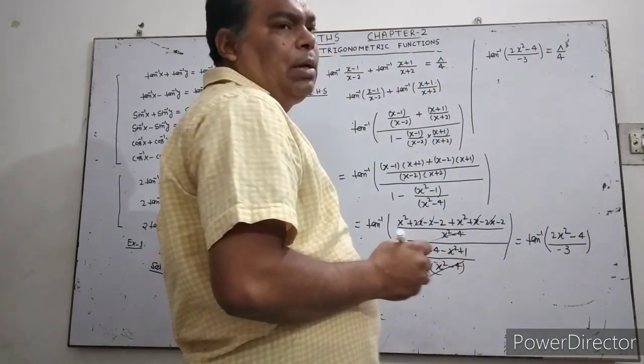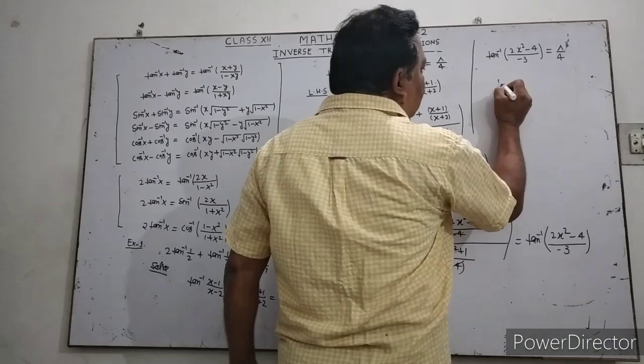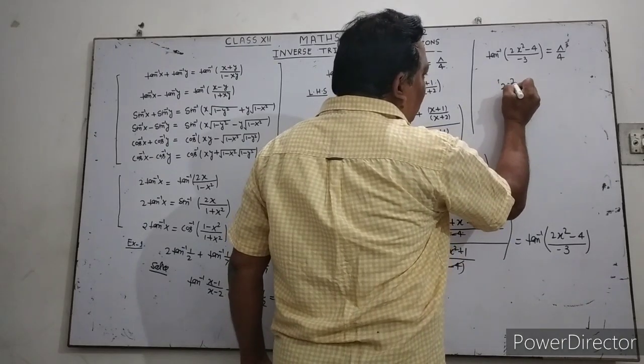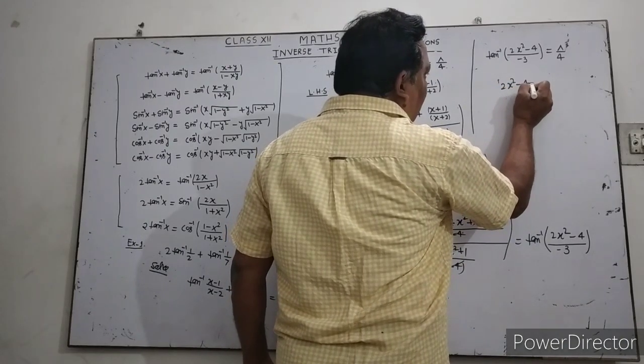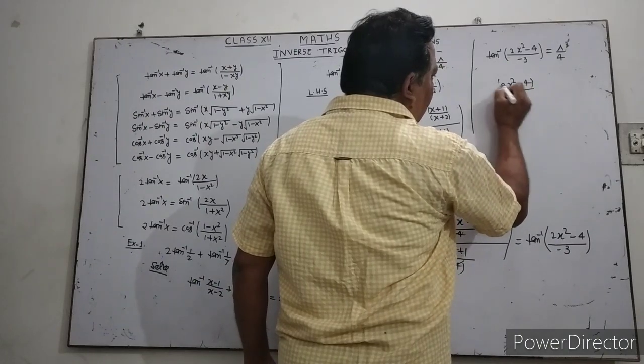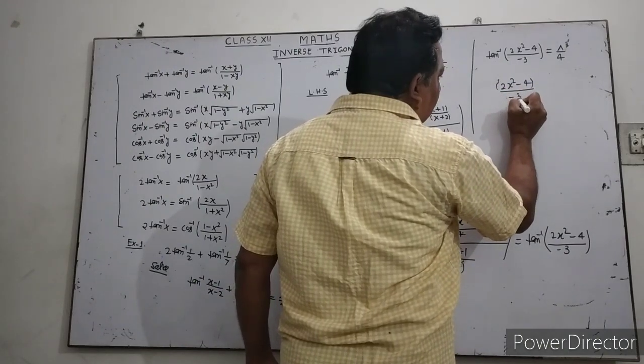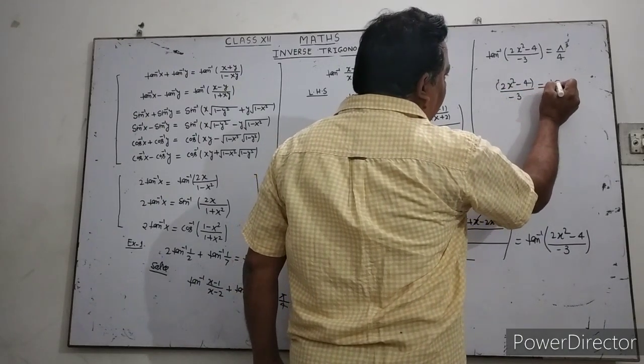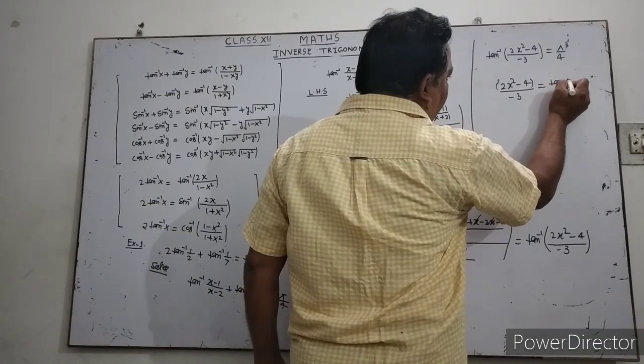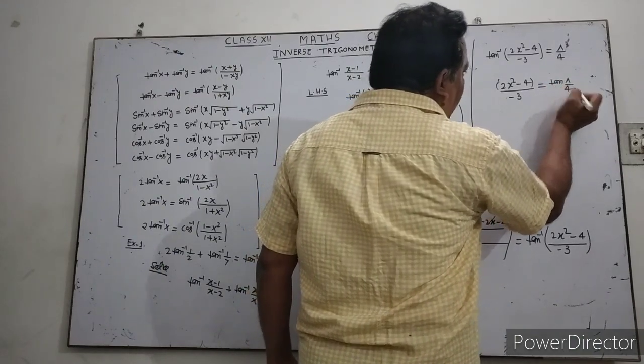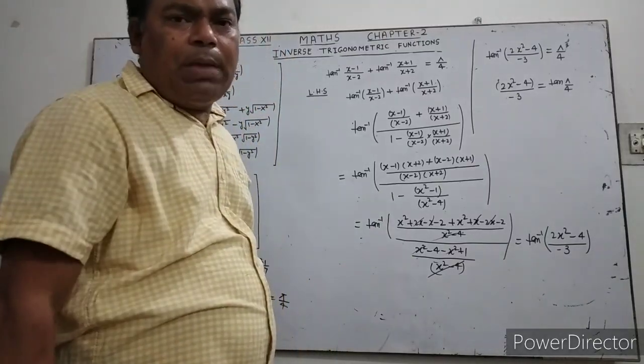You can write this expression as 2x square minus 4 upon minus 3 equal to tan pi by 4. What is the value of tan pi by 4?